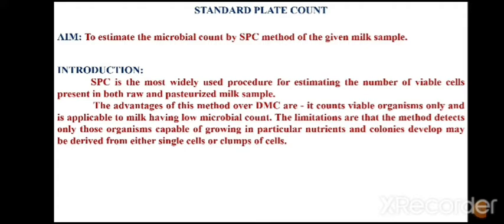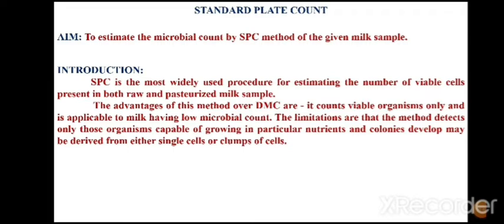The advantage of this standard plate count over DMC is basically for the determination of total number of microbes present in milk sample. There is a method called DMC, that is direct microscopic count, and another method is SPC, that is standard plate count.